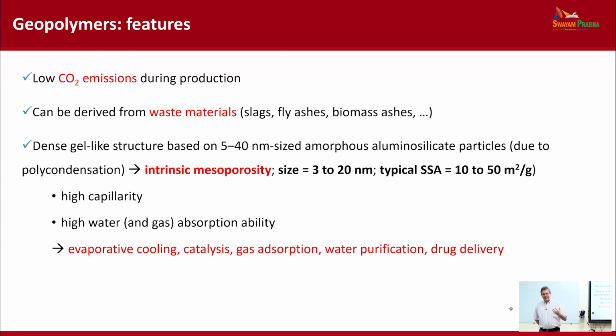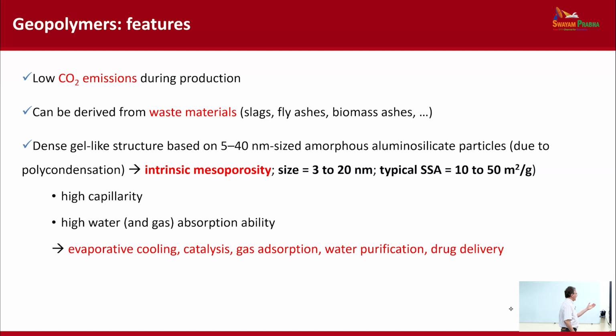So that's why we are interested in additive manufacturing of geopolymers, because we can start from cheap raw materials. We can control the rheology of the system. We can obtain shapes that can allow for high permeability. And we have a material that can be active towards certain needs.